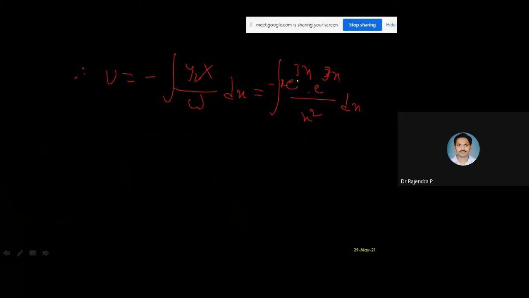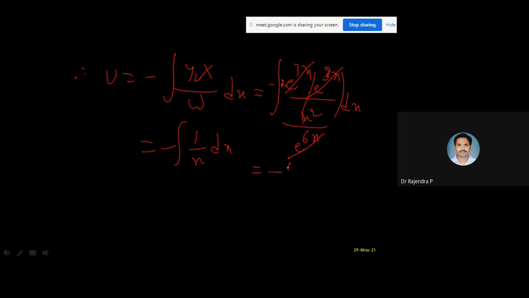So x e power 3x by W value, and this is e power 3x by x square, which you gave as capital X. W is e power 6x, isn't it? So it is very clear: this e power 6x in the numerator gets cancelled, and x gets cancelled. Here we get the integral of minus 1 by x dx, right?